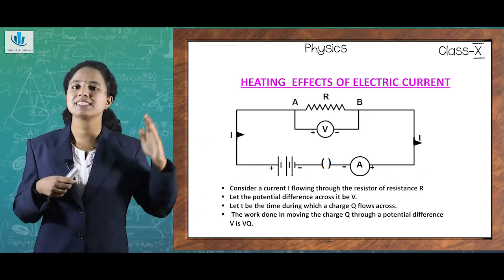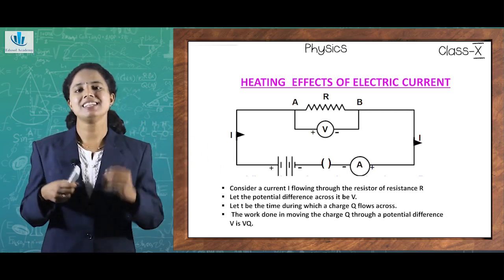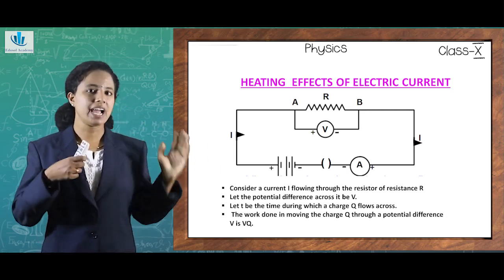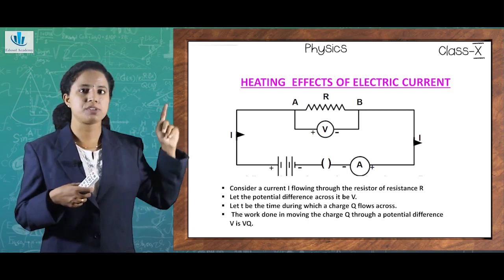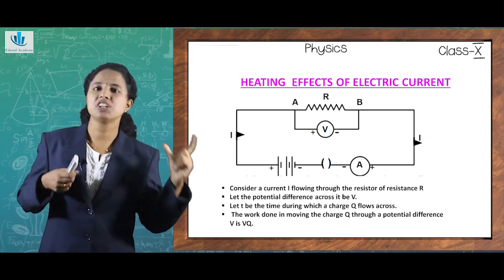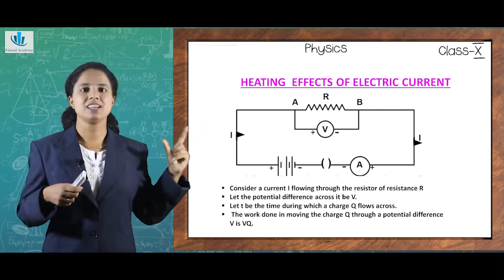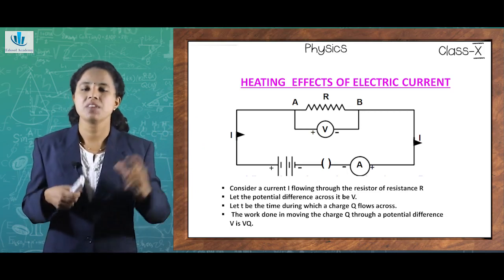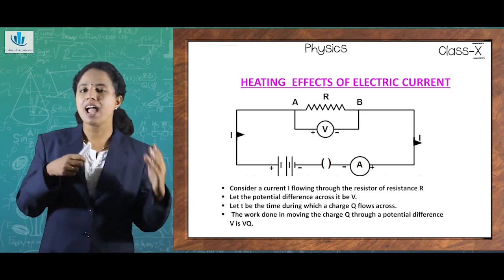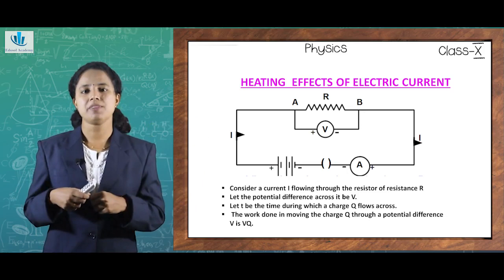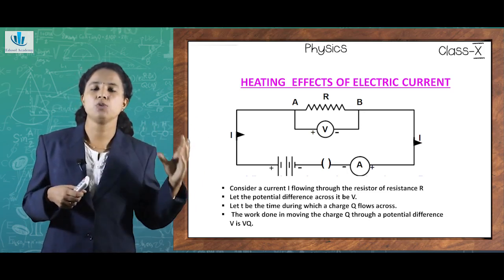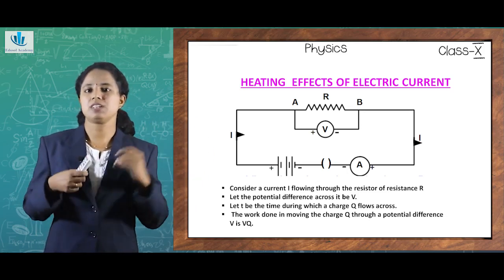You can see the ammeter is connected in series in the circuit. So the current I is flowing through the resistor of resistance R, and the potential difference across the ends of the resistor is V, and I denote by T the time for which the charge Q flows through the circuit.